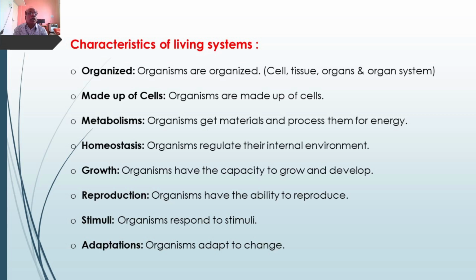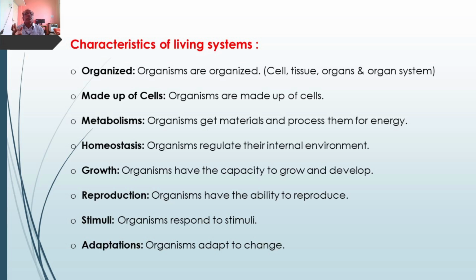Then growth. Organisms have the capacity to grow and develop. So with the help of the metabolic activities, the animals are capable of their development or their growth or their survival, even reproduction. Organisms have the ability to reproduce.